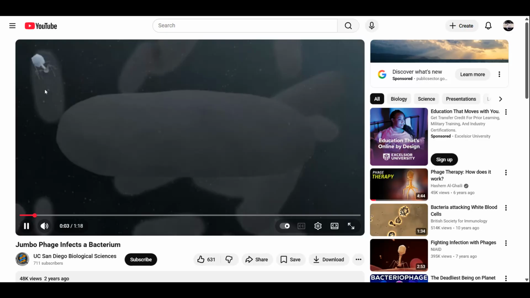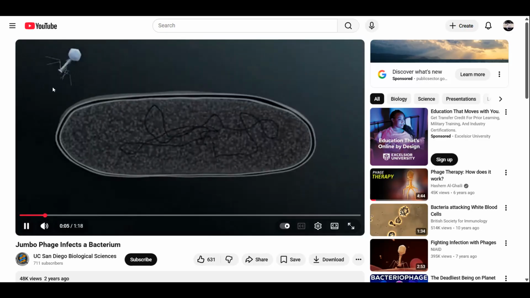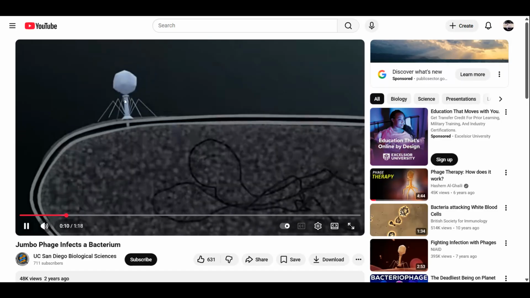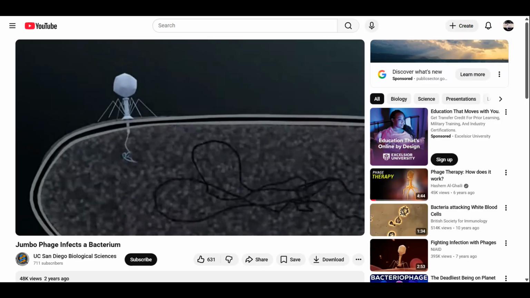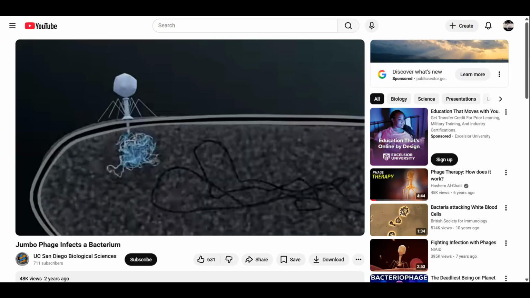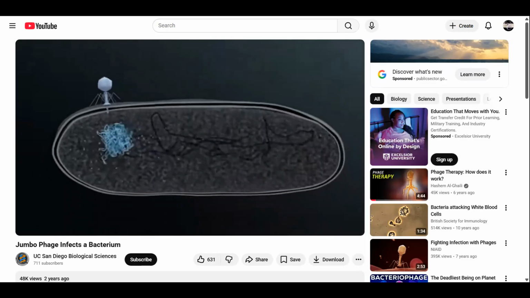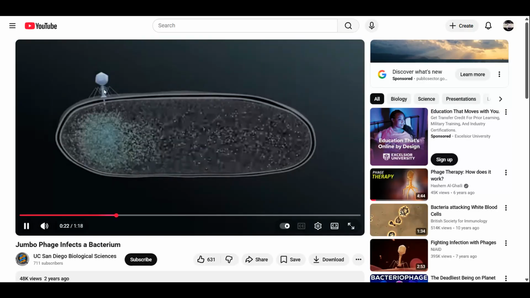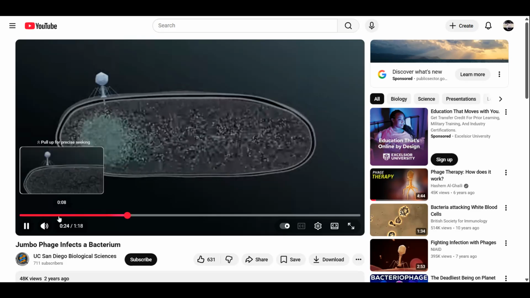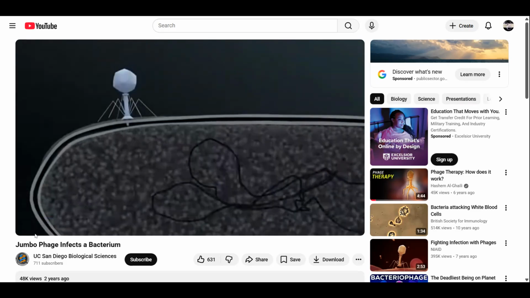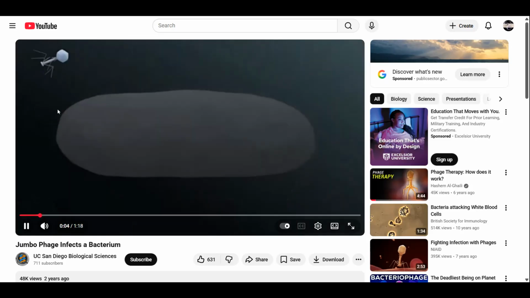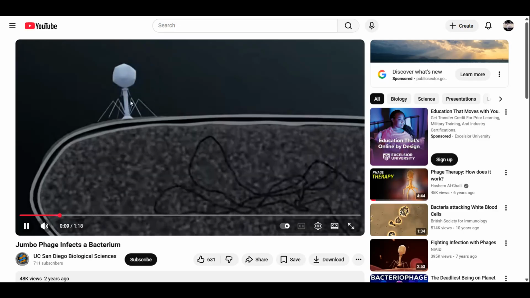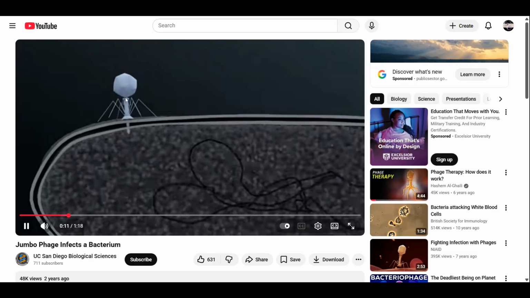And the other thing is, you see this thing, right? It's moving with its legs, and there is likely an ATP mitochondrial action going on in this tail over here that enables it to move.